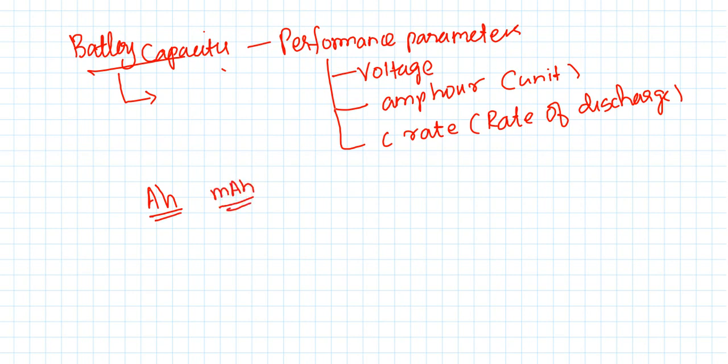For example, a lithium ion battery in our mobile phone has a milliampere hour rating. A tubular battery used for solar appliances or inverters has a rating in ampere hour. It means it is capable of discharging current over a long duration, 10 times or 20 times, as mentioned by the C rate.